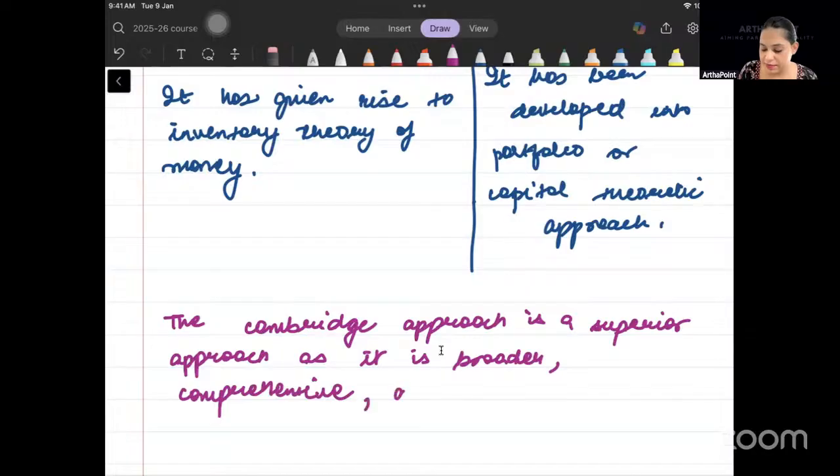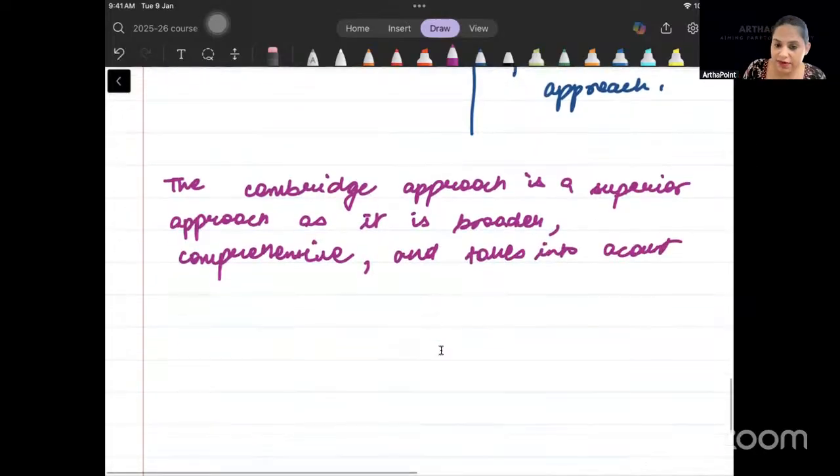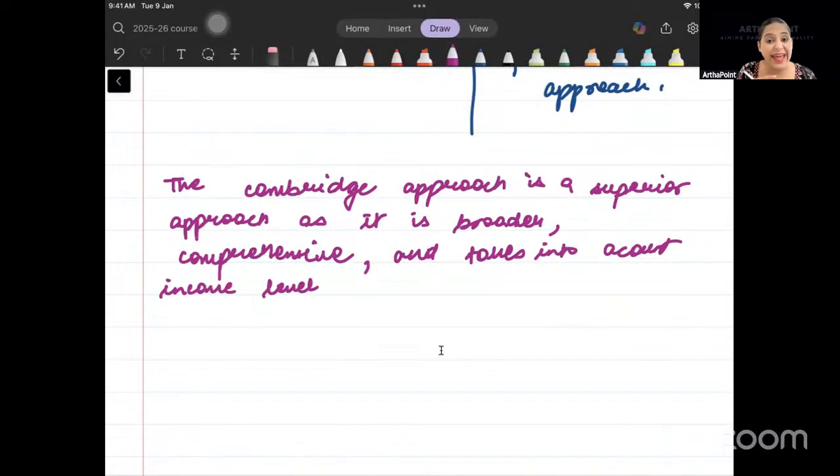And takes into account income level, right? So it takes into account M, not P, right?